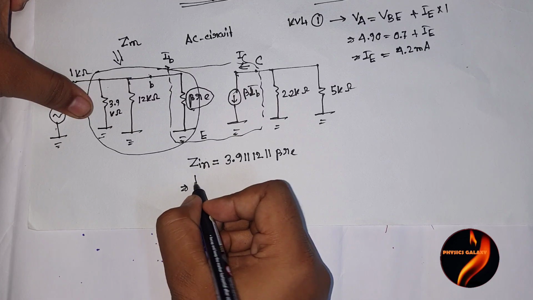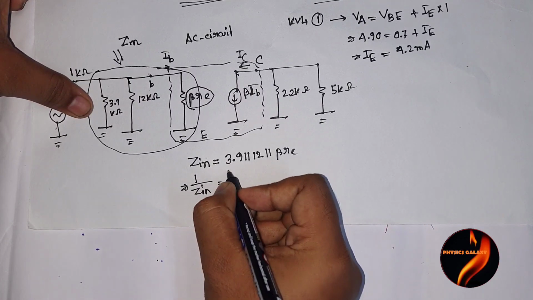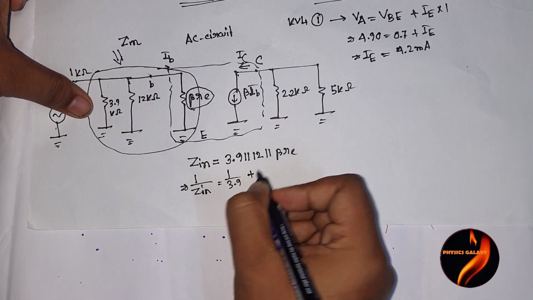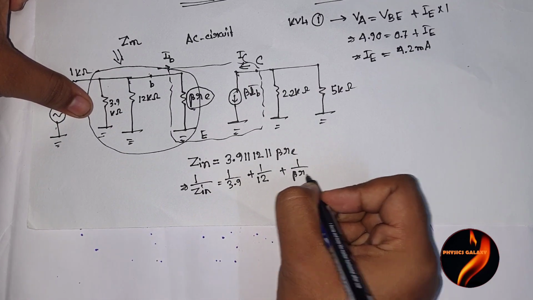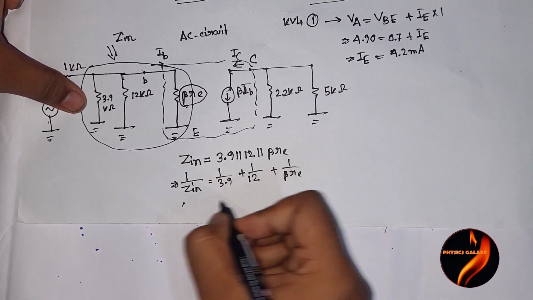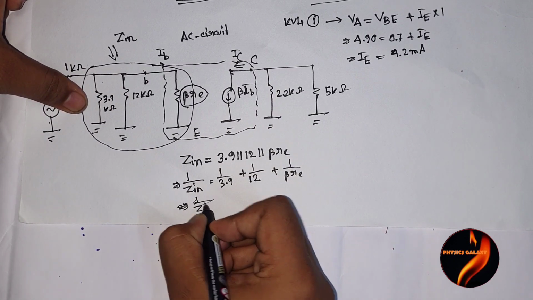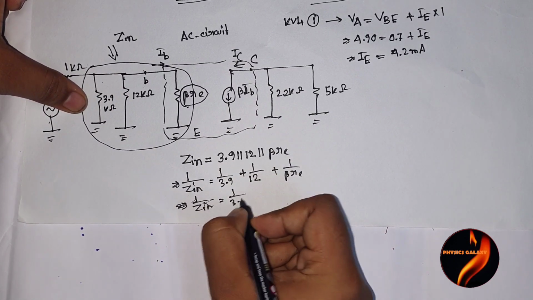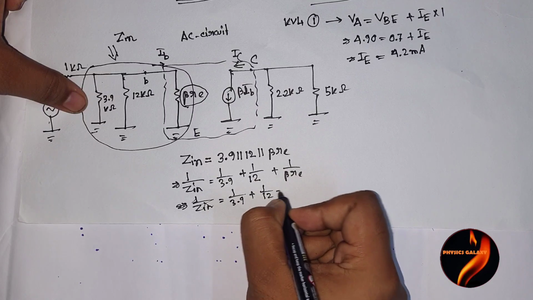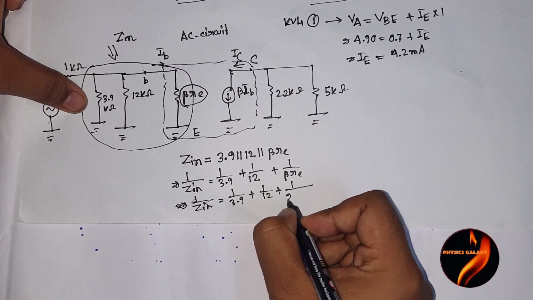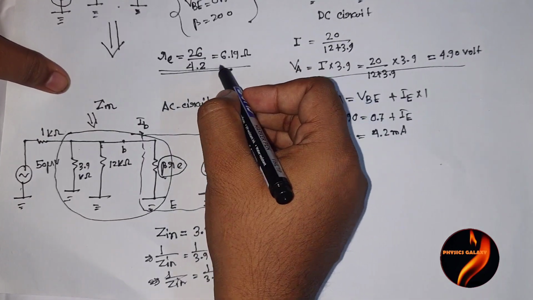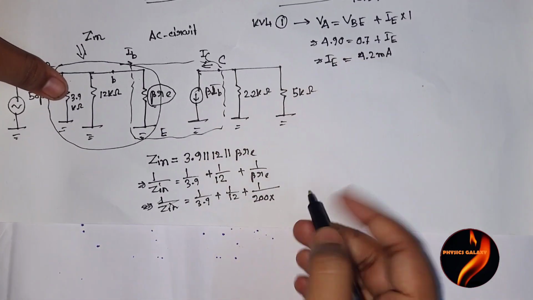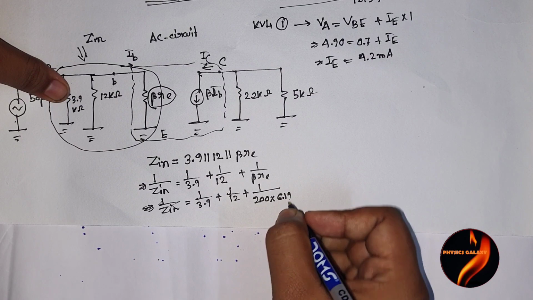So this gives 1 divided by 3.9 plus 1 upon 12 plus 1 upon beta RE. Beta is given as 200, and RE we have found out to be 6.19.